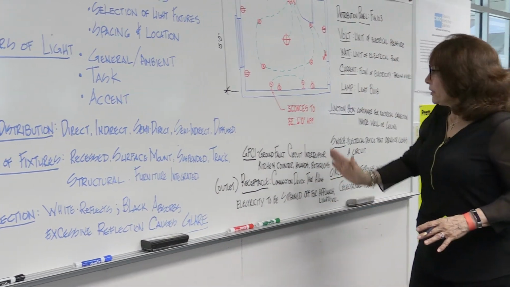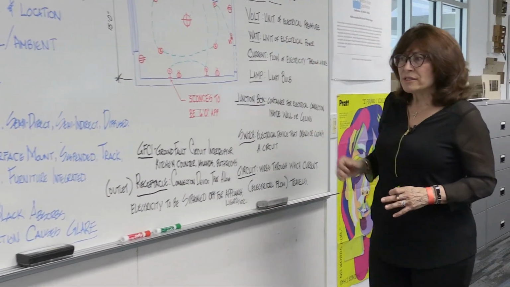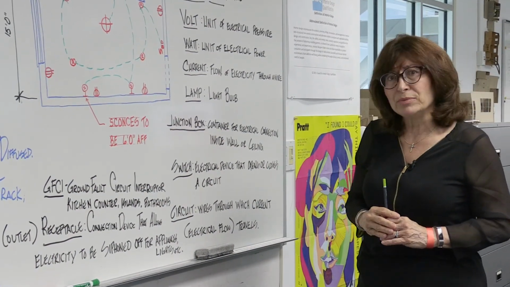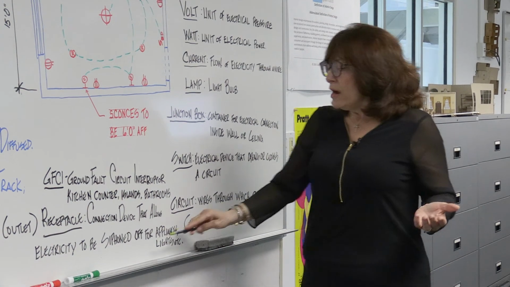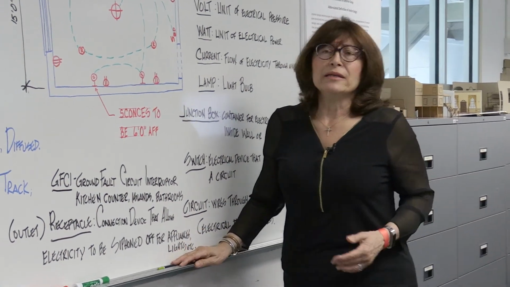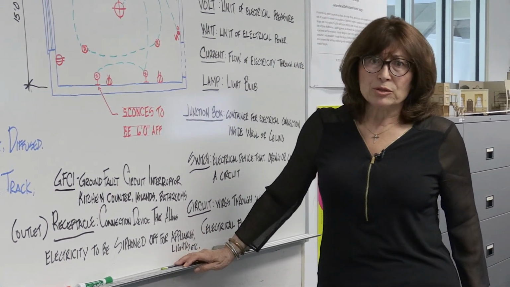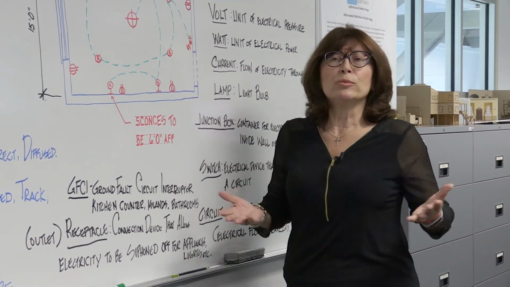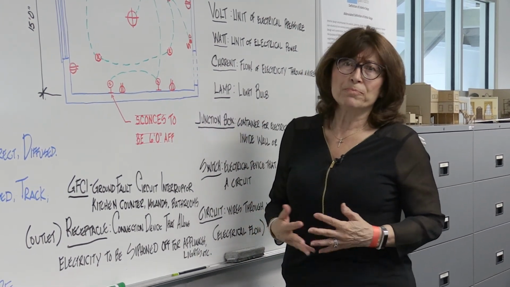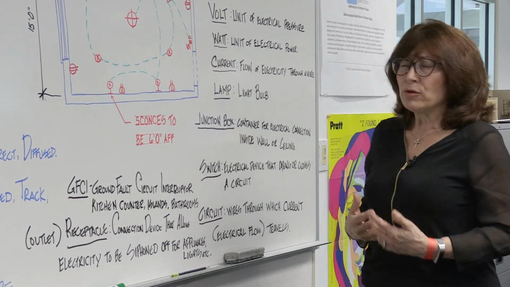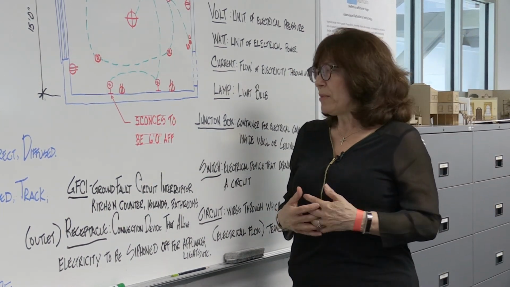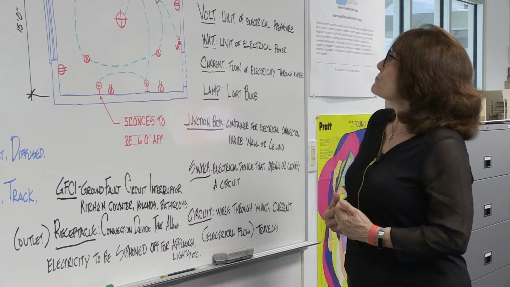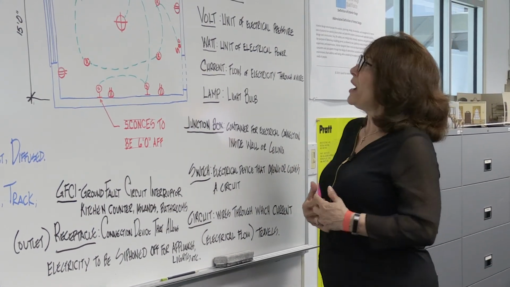Some vocabulary and a little bit about electricity I'd like to go over before we touch on our plan. Power distribution is something that you need to understand a little bit so that you're able to do a lighting plan. Where do we get our power from? Well, it originates in a power plant, and it can be wind powered, it can be geothermal, it can be solar, and it can be nuclear powered.